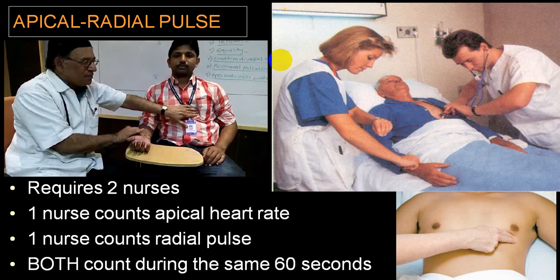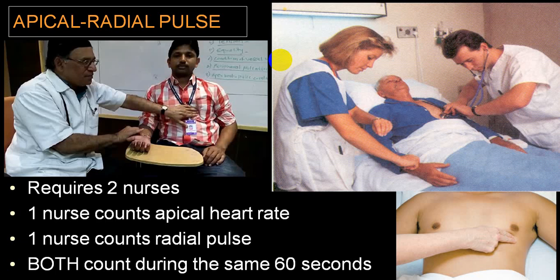Now a simple example: the ventricle contracts, meaning there is a ventricular systole, but even with ventricular systole there is no adequate cardiac output because the ventricle is not filled completely. So there is a negligible cardiac output. Because of this negligible cardiac output, the pulse volume is so low that it is not palpable.